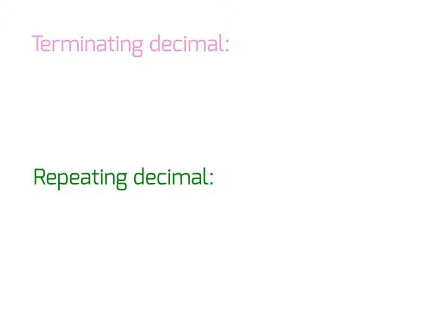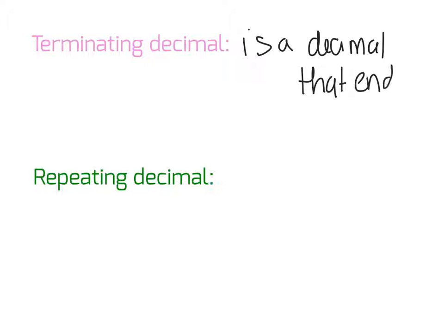All right, so we have two definitions now, a terminating decimal and a repeating decimal. A terminating decimal, I like to think about the terminator. So a terminating decimal is simply a decimal that ends. Okay, so here's some examples over here. When we talk about money, generally those are decimals that end.